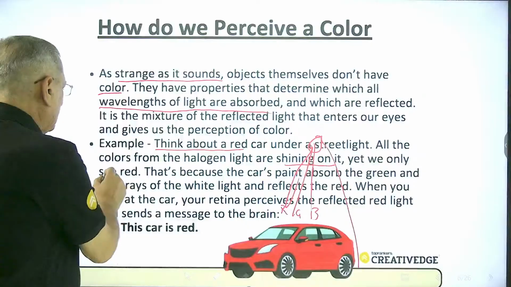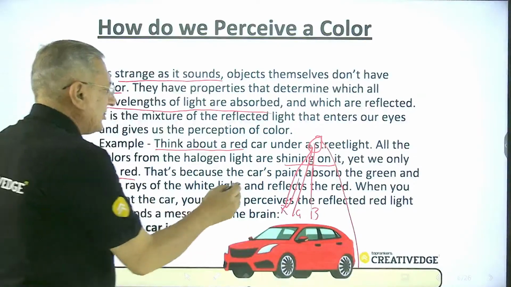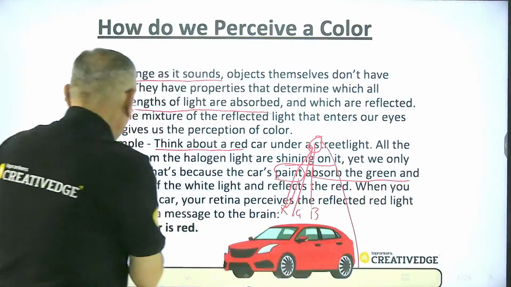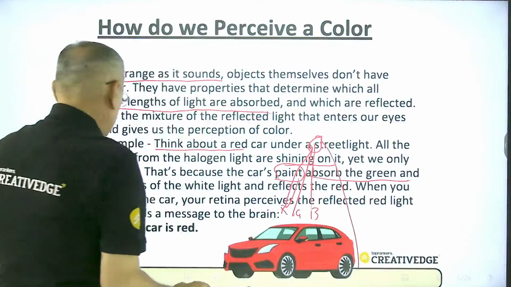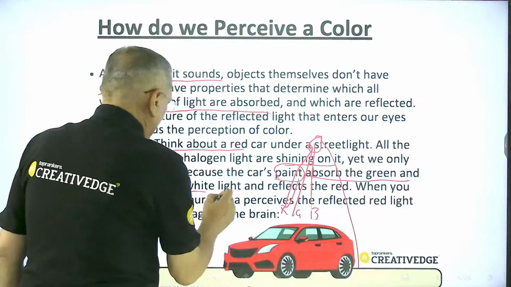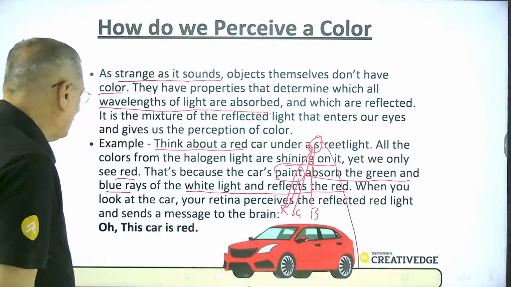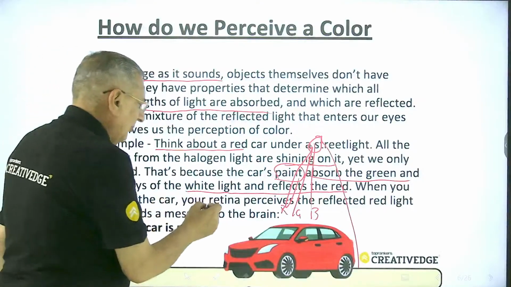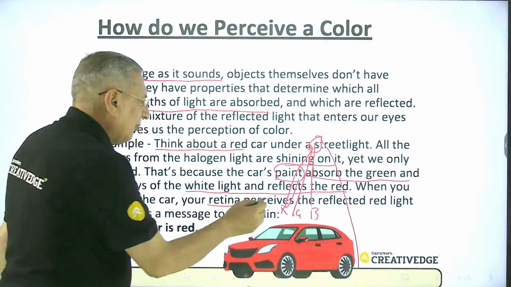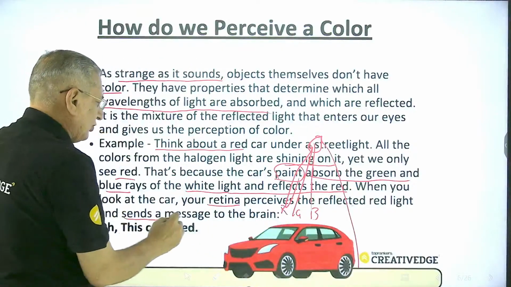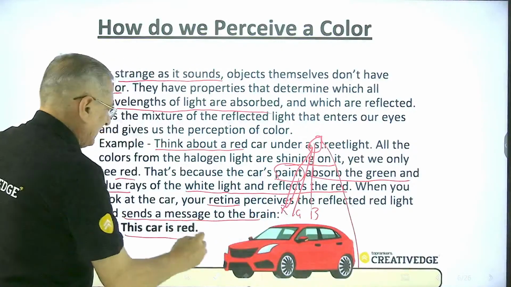Yet we only see red. That's because the red car's paint absorbs the green and blue rays of the white light and reflects the red. When you look at the car, your retina inside the eye perceives the reflected red light and sends a message to the brain: this car is red.